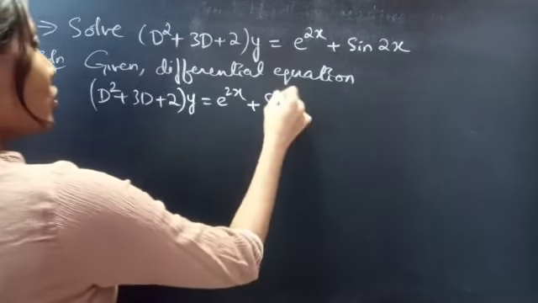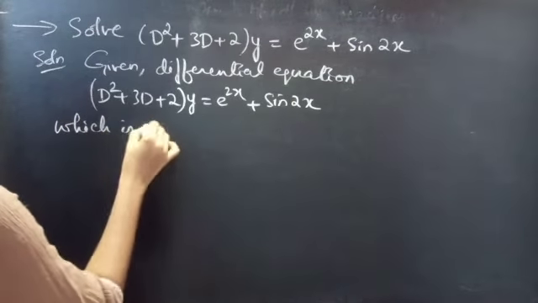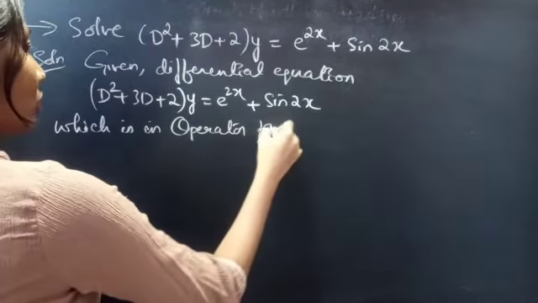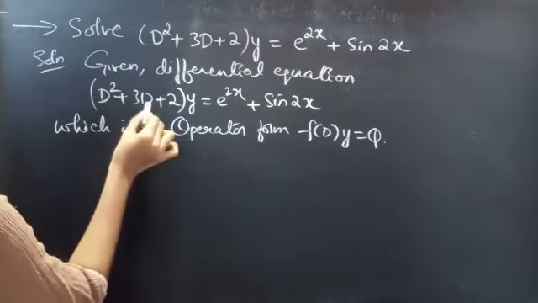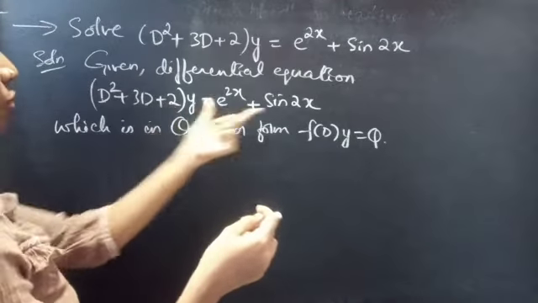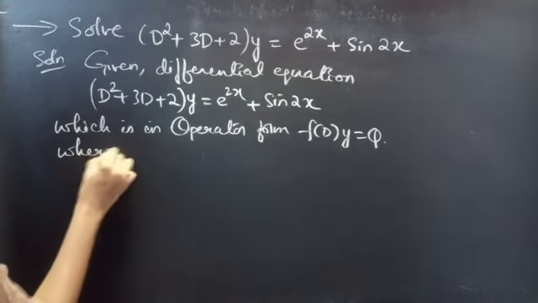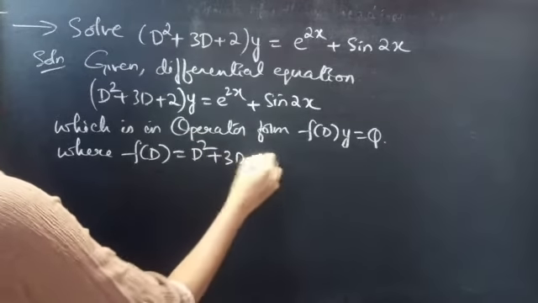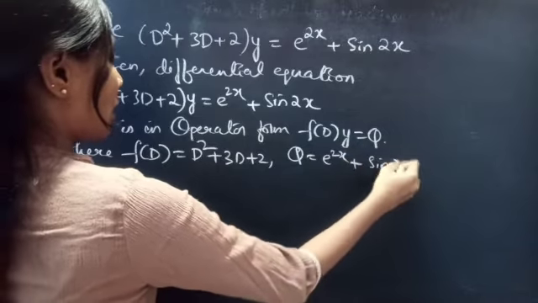Now, we are given a differential equation which is in operator form. F of D into y equals Q. We are given the equation in operator form, f of D into y equals Q form, where f of D equals D square plus 3D plus 2 and Q equals e power 2x plus sine 2x.